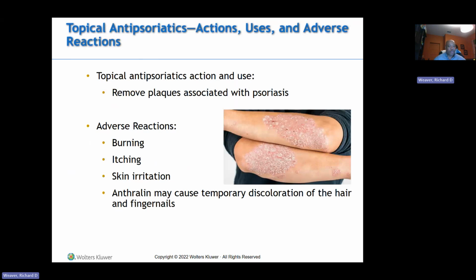And it does this by helping to remove the plaques associated with this disorder. So this is the reason why the topical anti-psoriatic drugs are used: to remove the plaque associated with this condition.